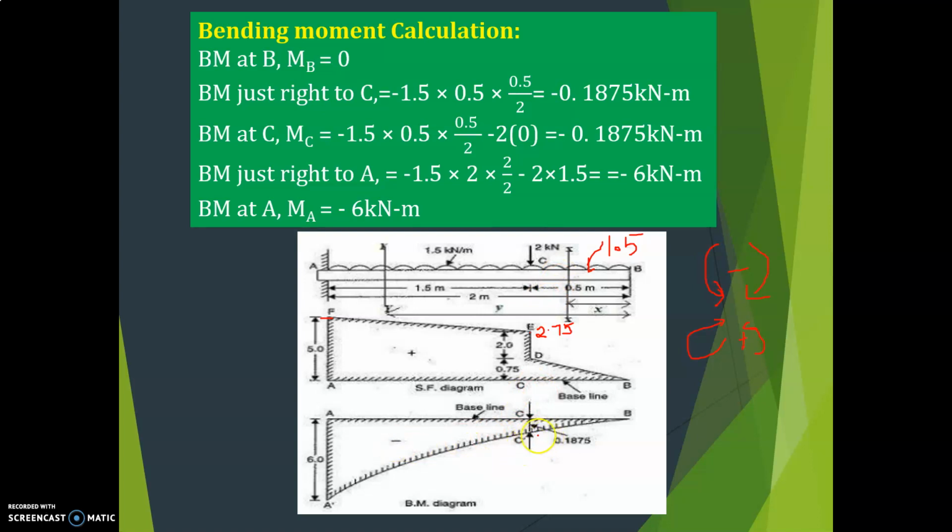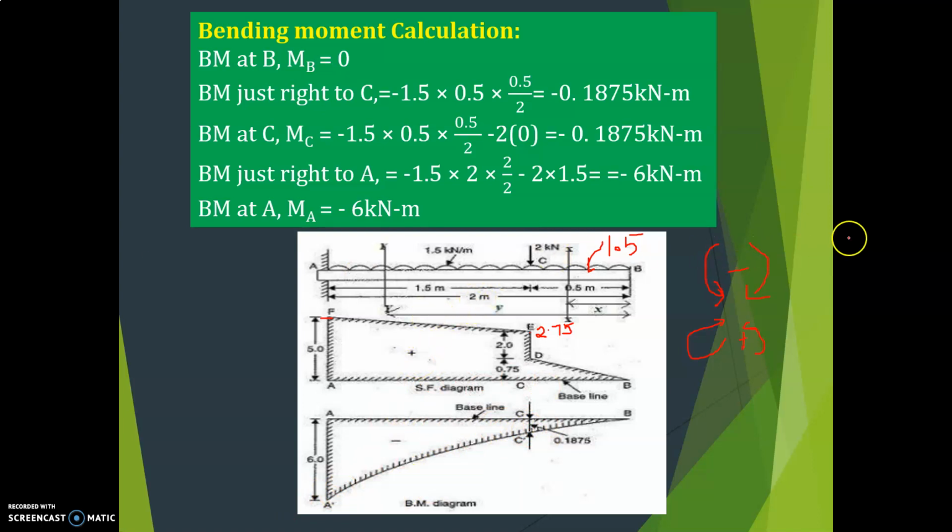Then at A, that is 6, and here this is a full curve. Parabolic curve. A to C also parabolic curve, and C to B also parabolic curve, because it is UDL. So here 0 to 1.875, then 1.875 to 6, parabolic curve. So like this you can draw a bending moment diagram.